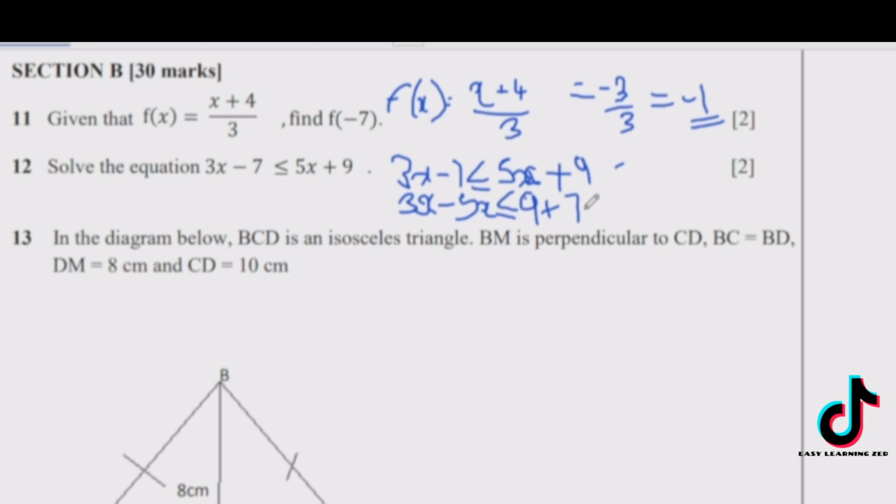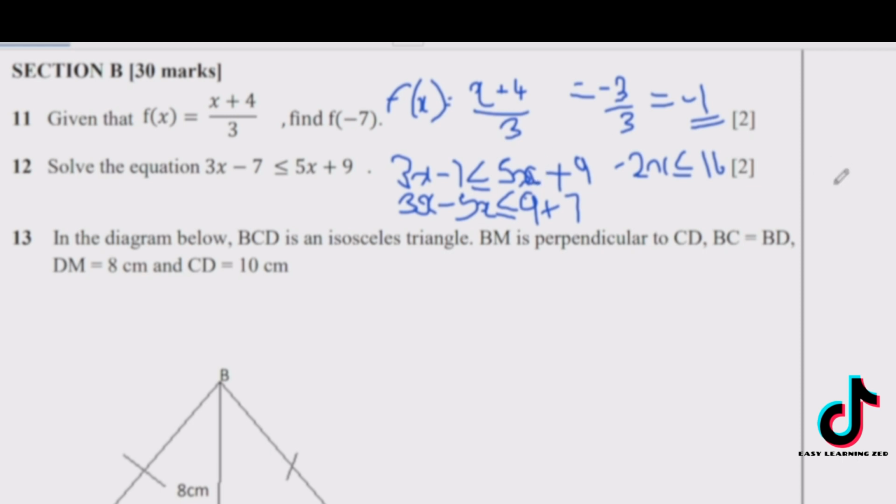We know that 5 is bigger, so we get the sign of 5, and then we find the difference of 3 and 5, which is 2, and we maintain the variable, which is x. Then we maintain the sign as well: less than or equal to. Then 9 plus 7 will give us 16. I hope you are following.